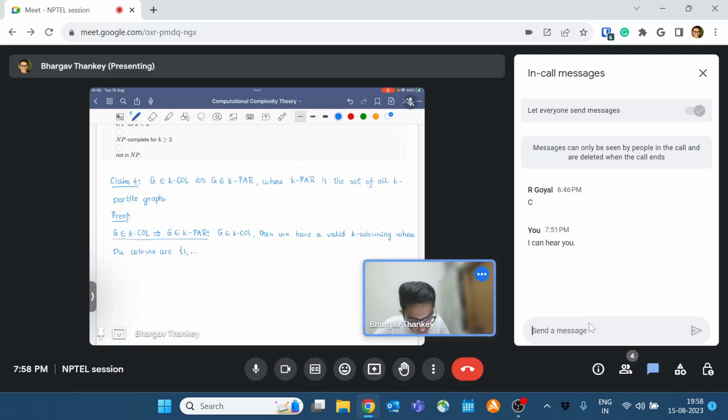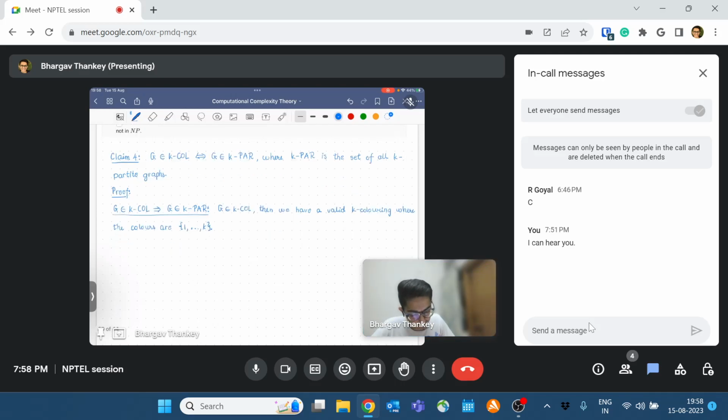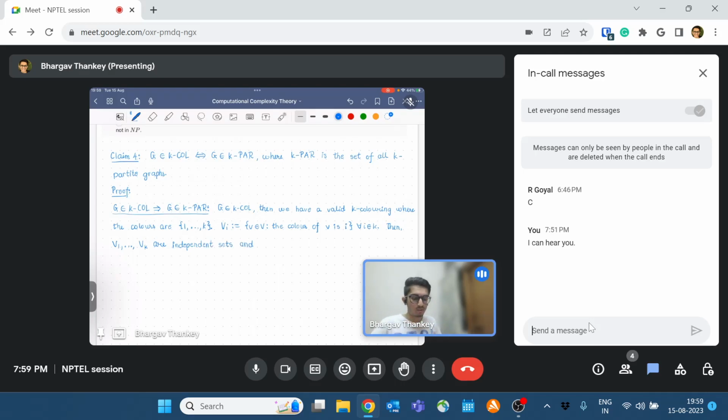I'm just assuming that the colors are 1 to K. What I'm doing is I'll define the set Vi to be all the vertices whose color is i, for all i in K.